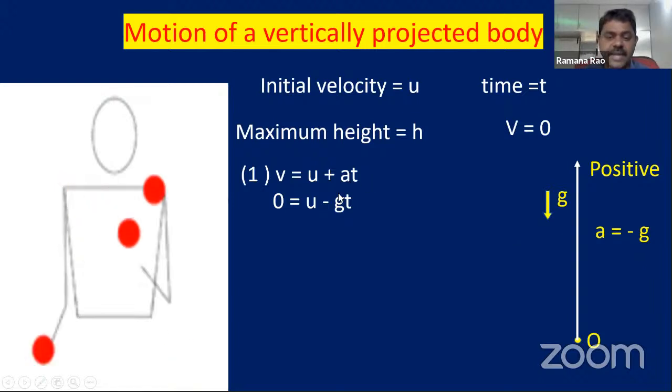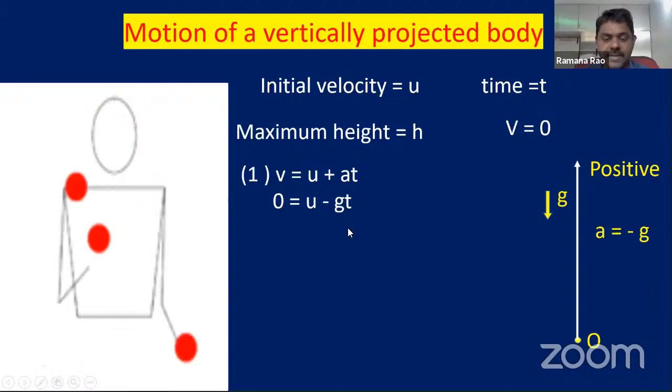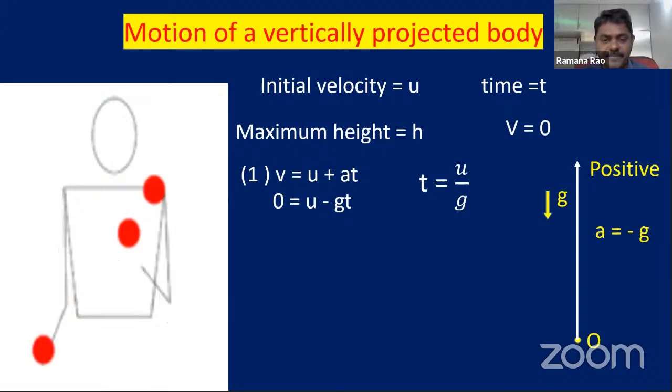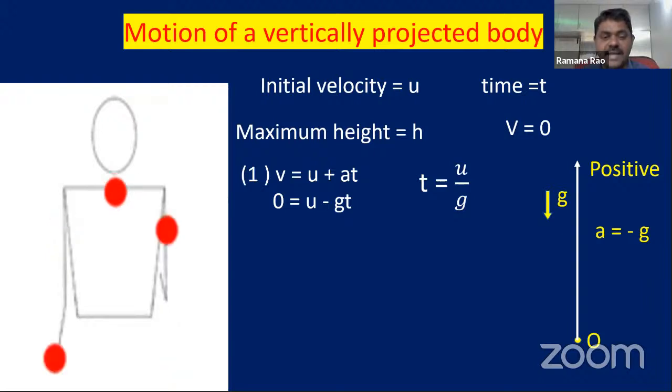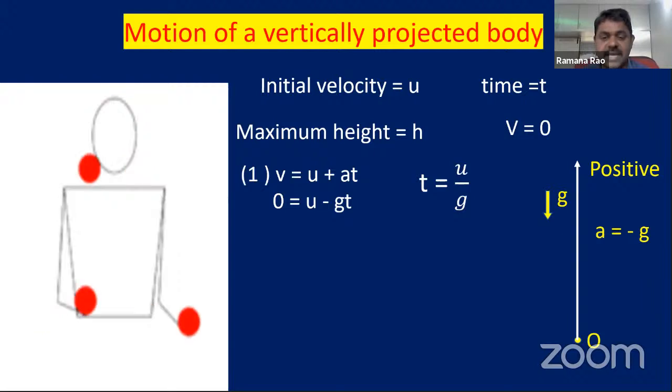If you substitute a is equal to minus g here, you get t is equal to u by g. So how much time will the body take to reach the maximum height? The juggler is throwing. How much time will the ball take to reach the maximum height, that means to stop? That is the time of ascent. t is equal to u by g.